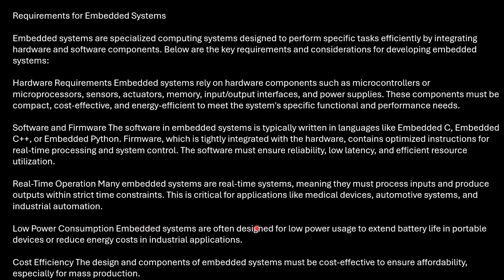Embedded systems are often designed for low power usage to extend battery life in portable devices or reduce energy cost in industrial applications. Cost efficiency. The design and components of an embedded system must be cost effective to ensure affordability, especially for mass production.